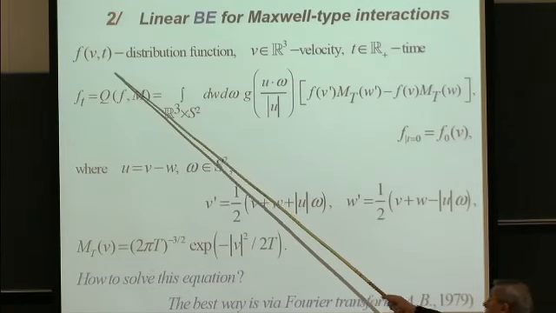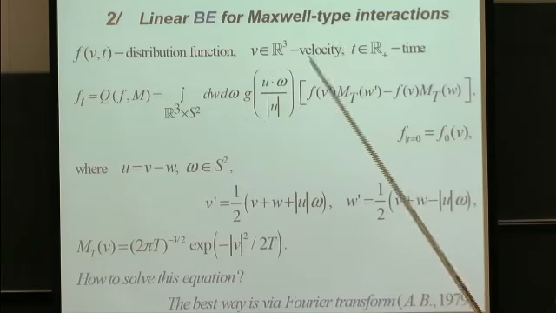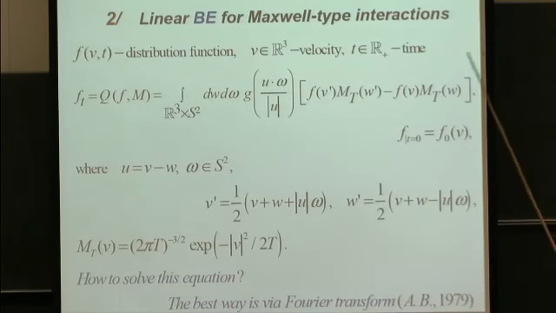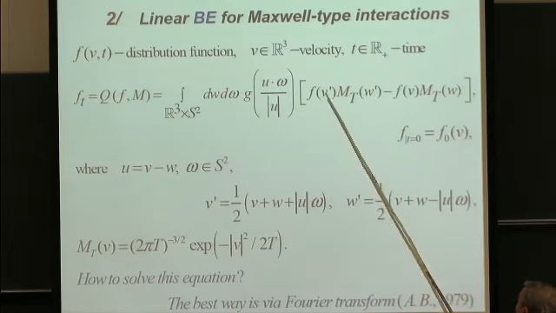So I have a distribution function f of v, t, and v is of course velocity. I consider the 3D case. It is more convenient, so there is no big difference.